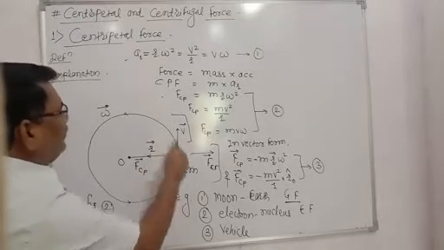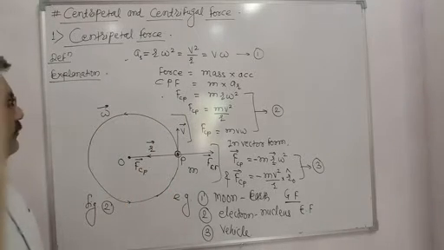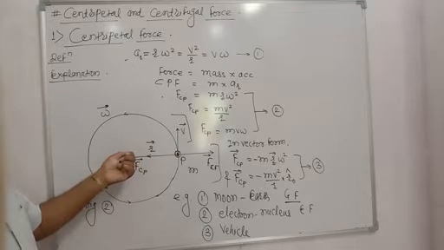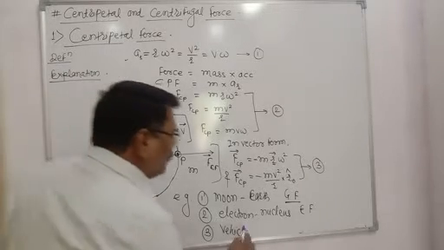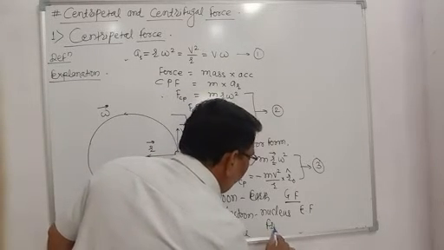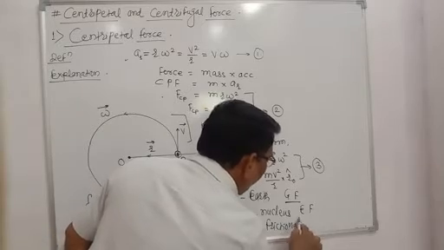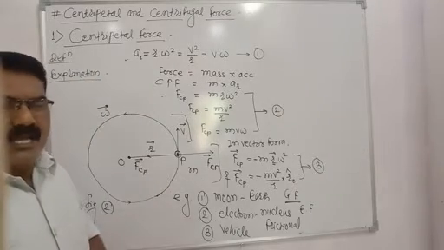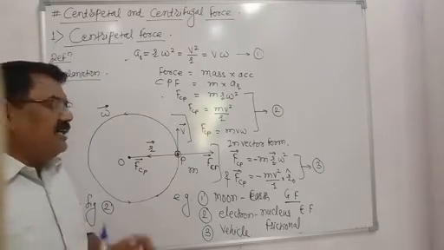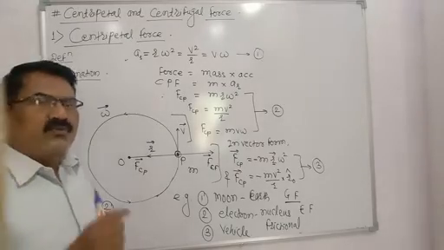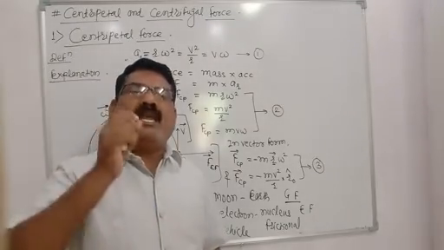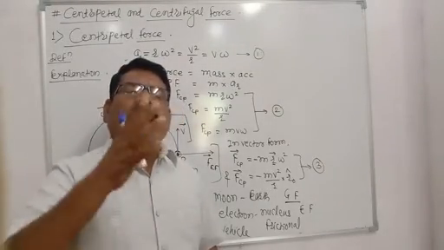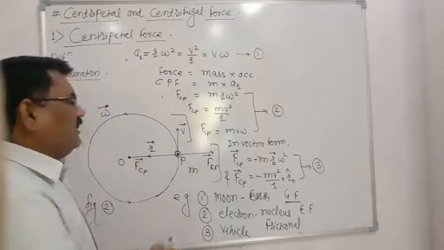Then the necessary centripetal force is provided in the form of frictional force between the tires of the vehicle and the road surface. It means that, dear students, for the circular motion of any object, the centripetal force is necessary. So you have seen these three examples.